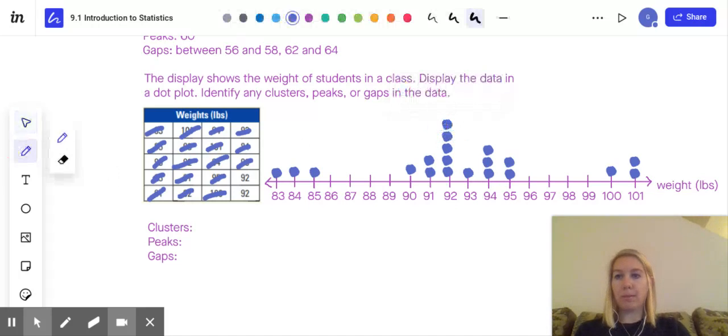Okay, we have now graphed all of our weights in pounds.